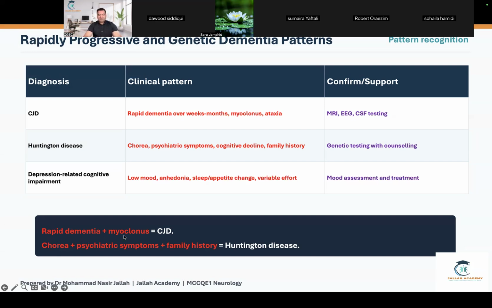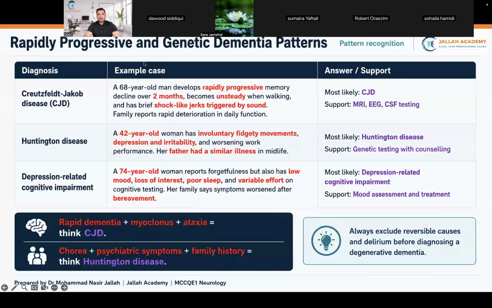Rapid dementia plus myoclonus and ataxia, Creutzfeldt-Jakob disease. Chorea, psychiatric symptoms, family history, Huntington disease. Rapidly progressive, okay, for CJD: a 68-year-old man develops rapidly progressing memory decline over 2 months.